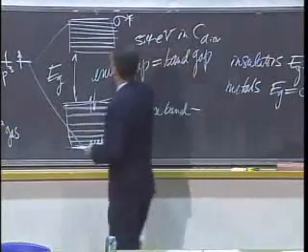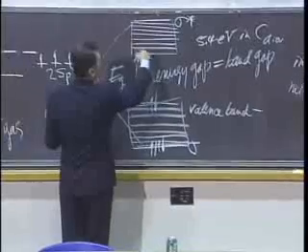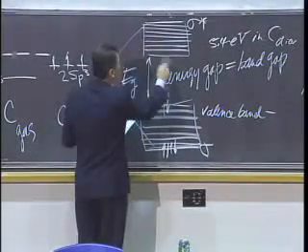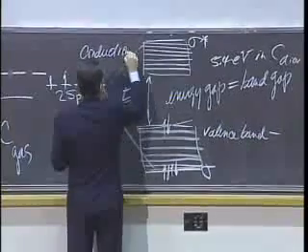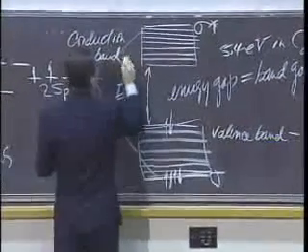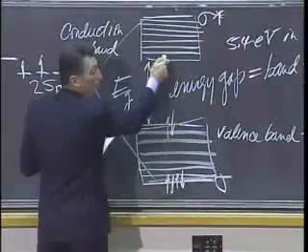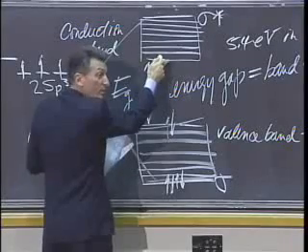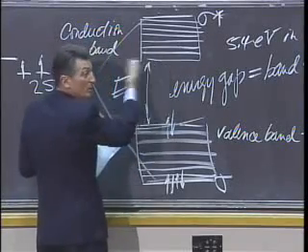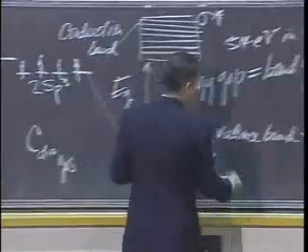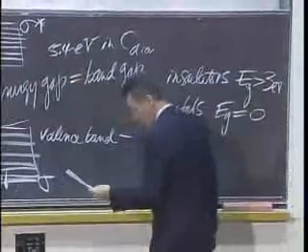And while we're in the neighborhood, this upper band that consists of all of the antibonding orbitals is called the conduction band. Conduction band, because this doesn't involve bonding, so if an electron is in this upper band, it's free to move, and under the influence of electrical potential, it will do so. So we have valence band, conduction band, band gap.